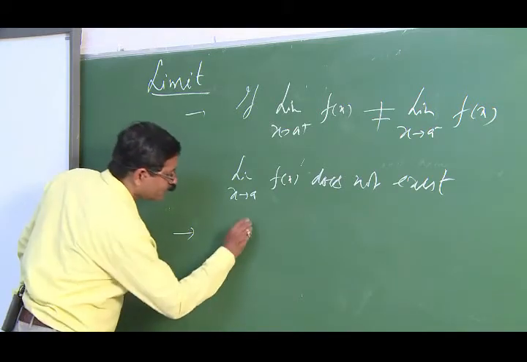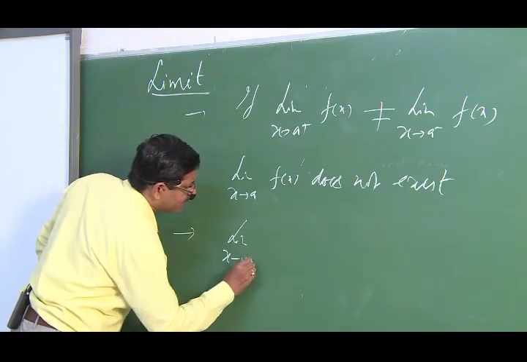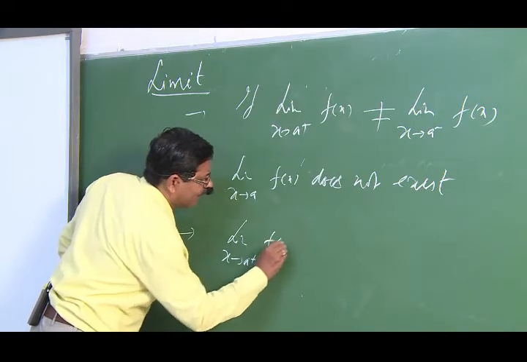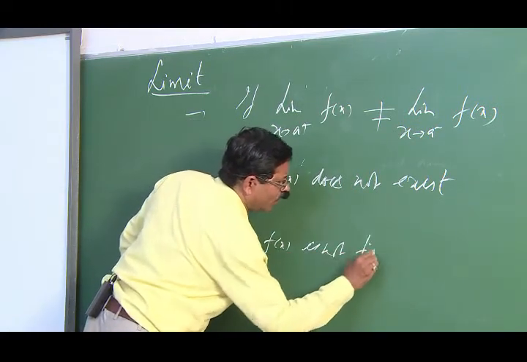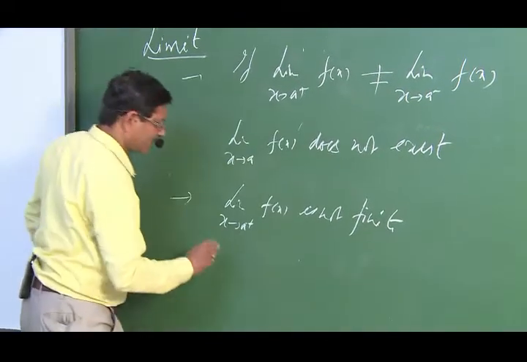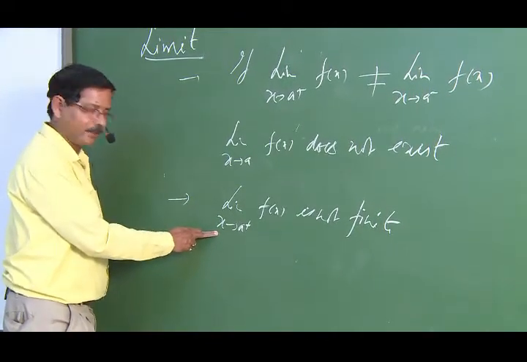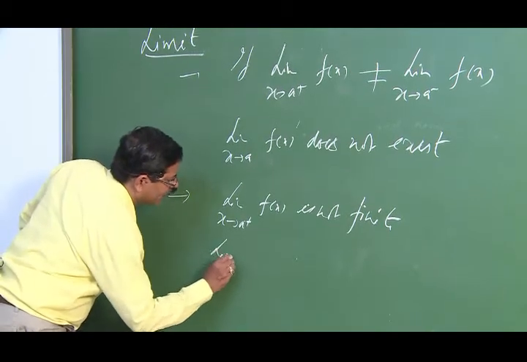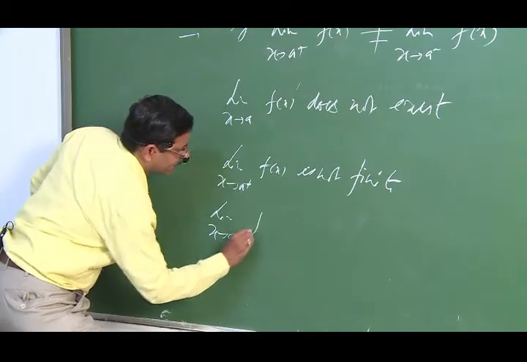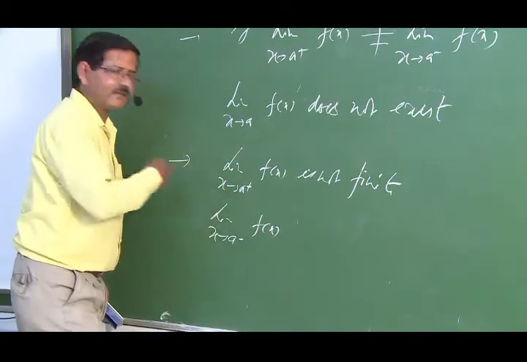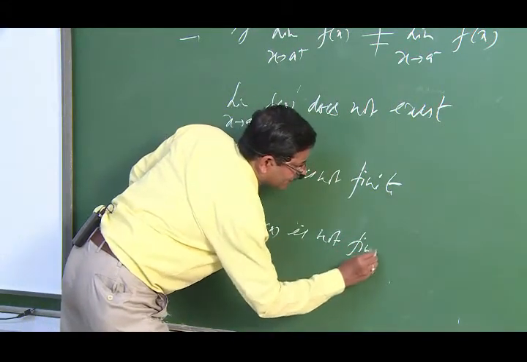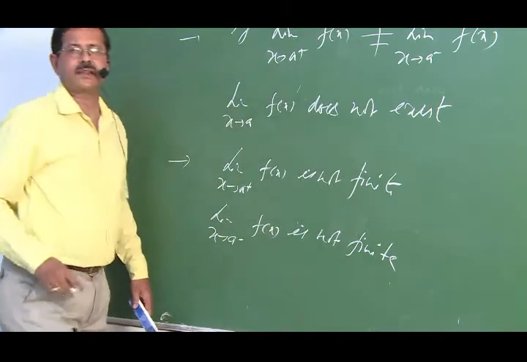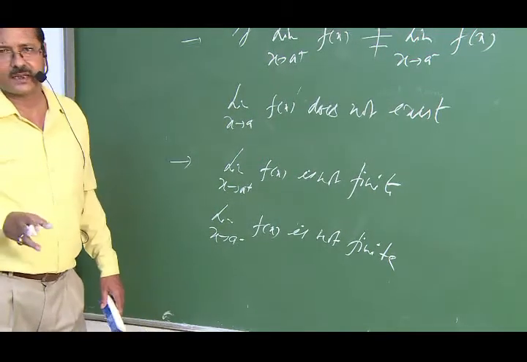That is, if limit x tending to a plus f(x), the right hand limit, is not finite, or similarly if limit x tending to a minus f(x), the left hand limit, is not finite, if either one of them is not finite, then we say that limit does not exist. Okay?